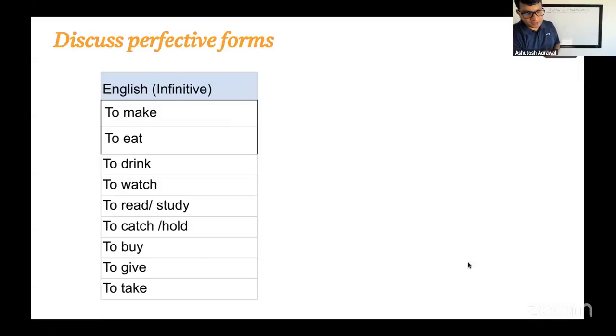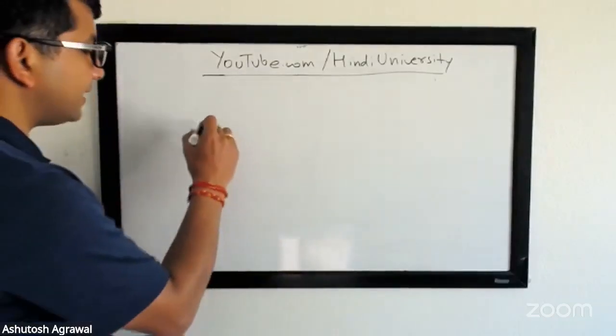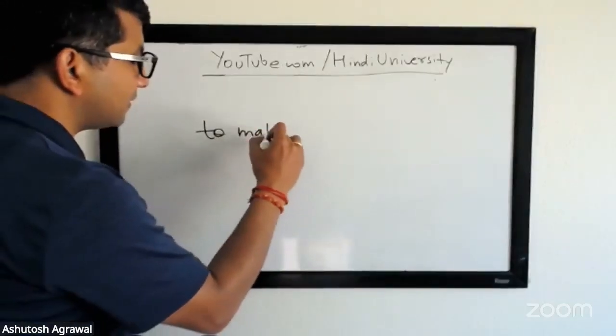So because we have time, I want to practice the perfective form of some of the verbs, because it will help you. Let's say you want to practice "to make", which as we discussed is banana.